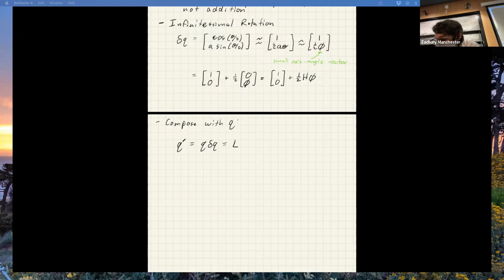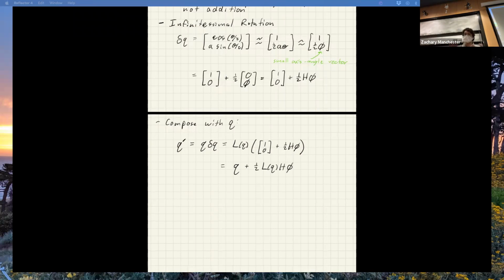This is equal to L of q, left multiply, times, I'm just going to plug in the stuff from before, identity plus 1/2 H phi, right? And if I do this out now, this is equivalent to q plus 1/2 L of q H phi.